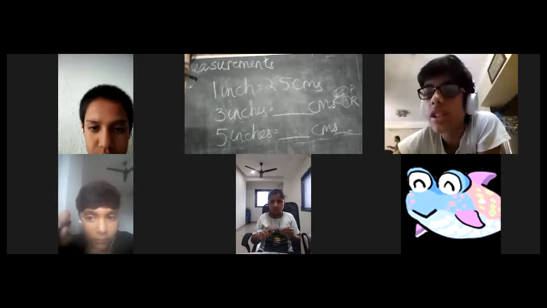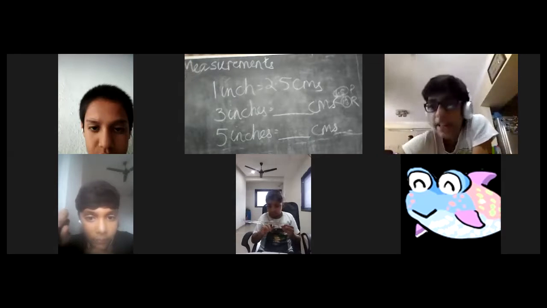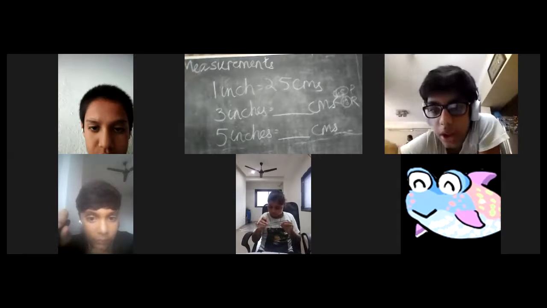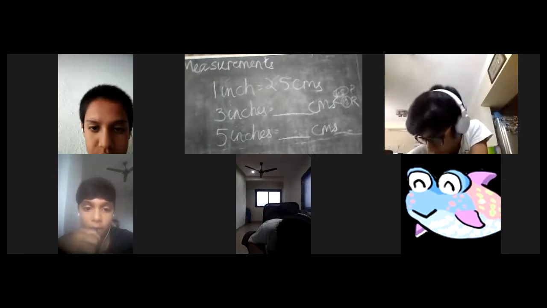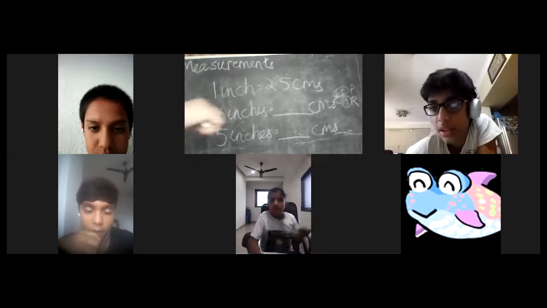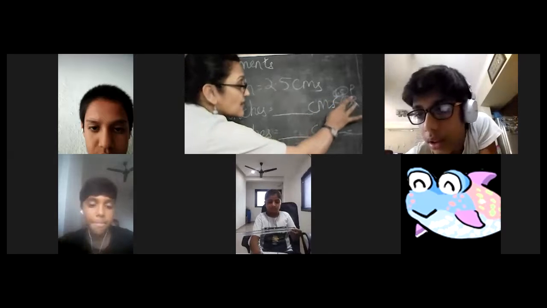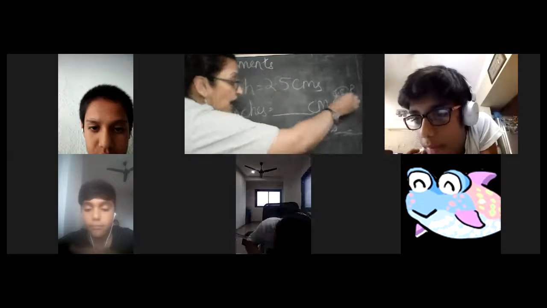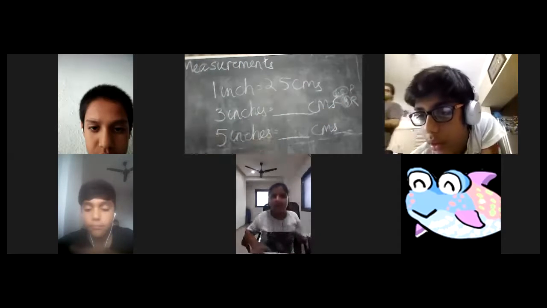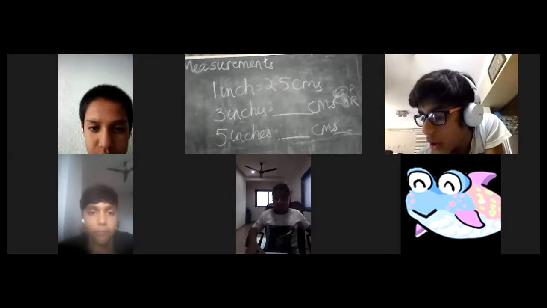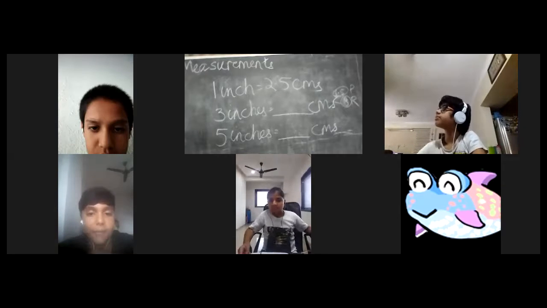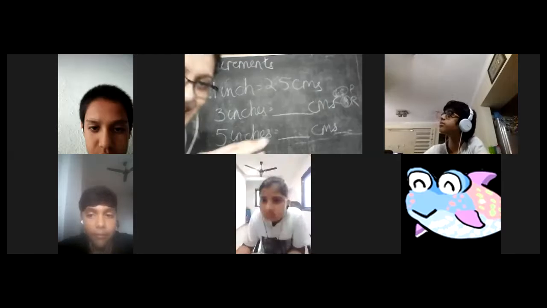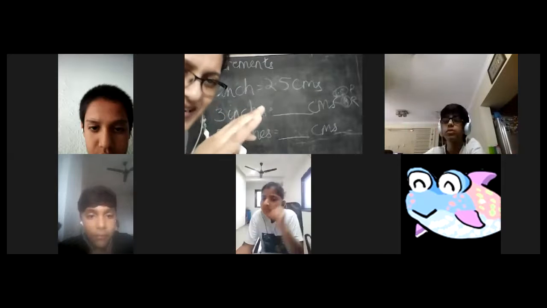Ma'am, for 3 inches it is 8 centimeters, not 13. Sorry, I thought you were asking about 5 inches. Ma'am, erase that and put it at 8 centimeters. I should put this as 8? Are you sure? I have no problem. I'll put it as 8. Yes, ma'am. 3 inches is 7.5 centimeters. Wait now. We will come to whether it is correct or not.